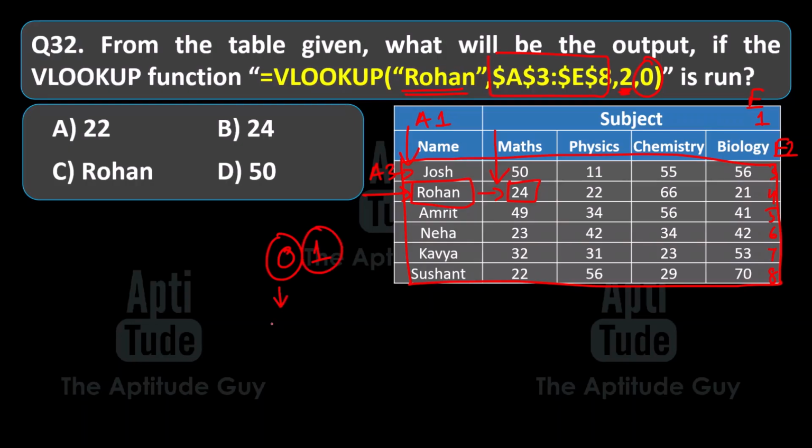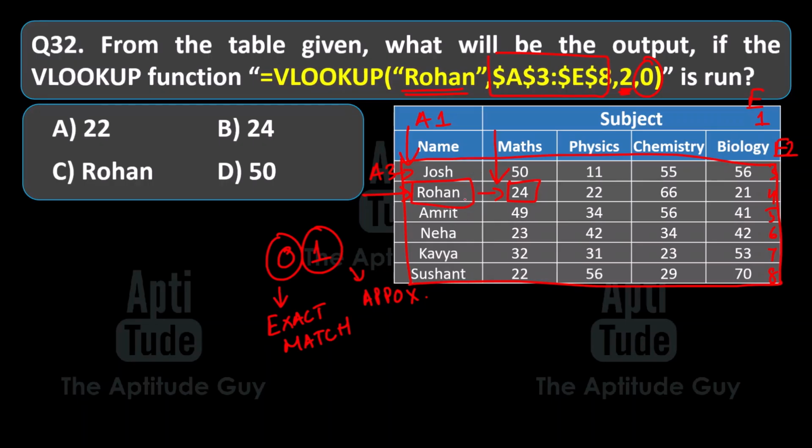False means it has to be an exact match. And 1 means it can be an approximate match. Now, what do you mean by an approximate match? If instead of Rohan, there was another one called Rohan Kumar, it would match that also. Okay, and we don't want that. We want it to be an exact match. So it will match if and only if Rohan is exactly there.